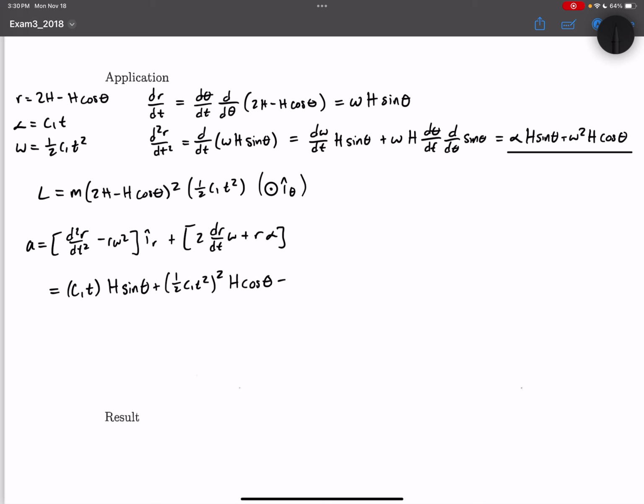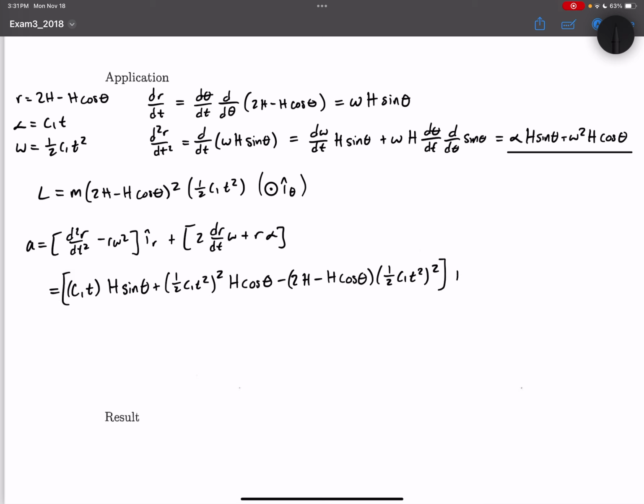And that's minus r, which is 2h minus h cosine theta times omega squared, which is 1/2 c1t squared. Yeah. Okay. Cool.